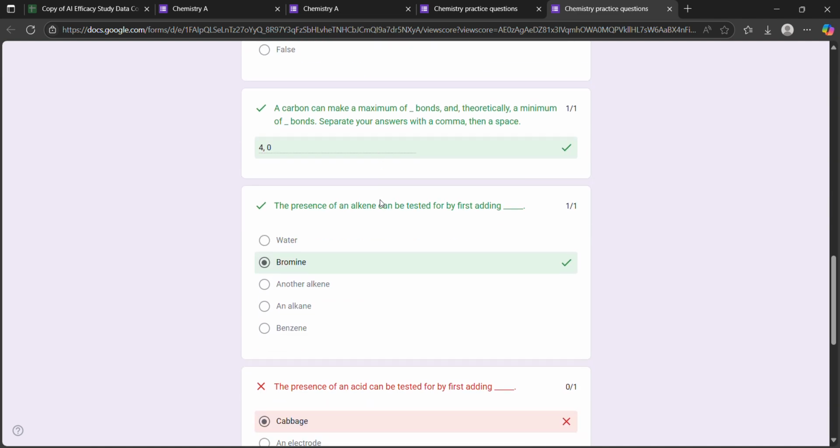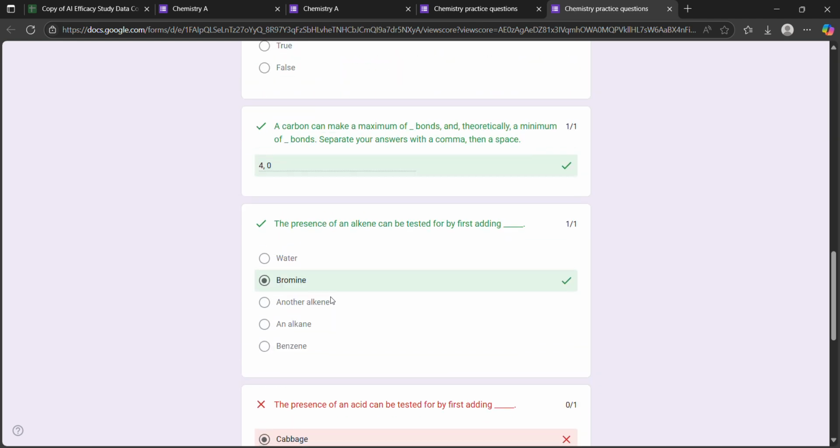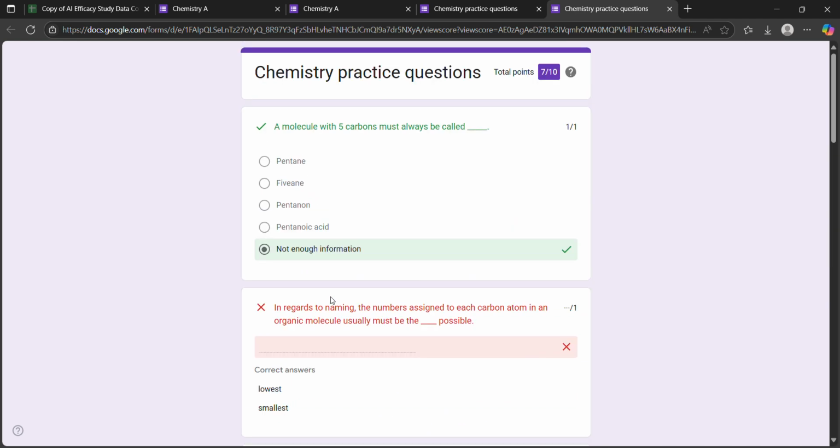Okay, the presence of a base. So cabbage was wrong. The lowest. Okay, so the number of the parent chain should be higher, but the number assigned to each carbon should be lowest. Okay, got it.